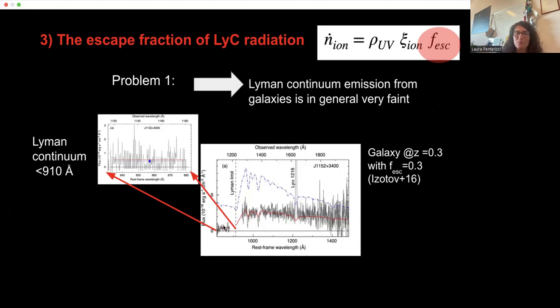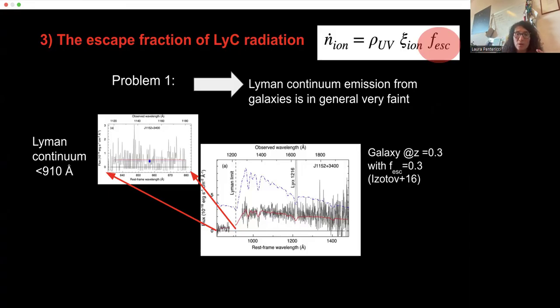You can see immediately that the ionizing flux is much fainter than the non-ionizing continuum, even though this galaxy has an escape fraction of 0.3, so 30% of the ionizing radiation is escaping from it.